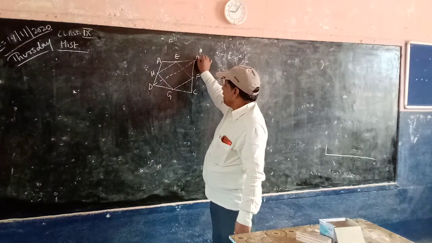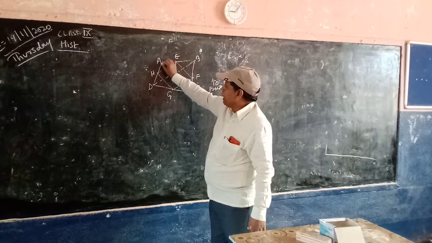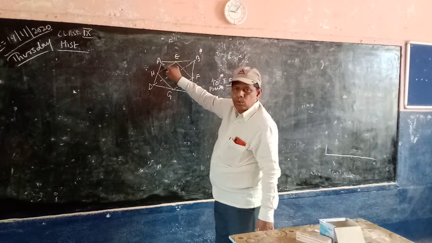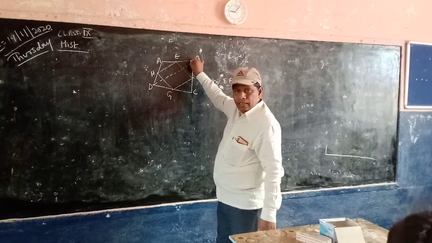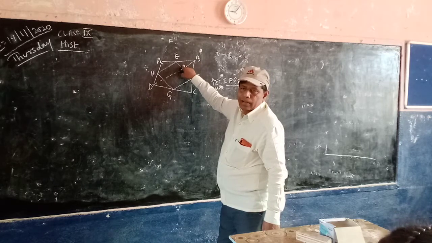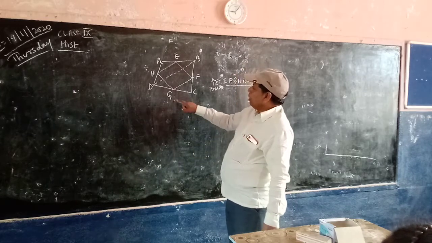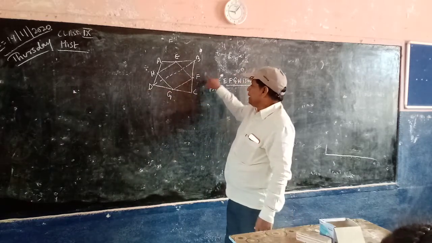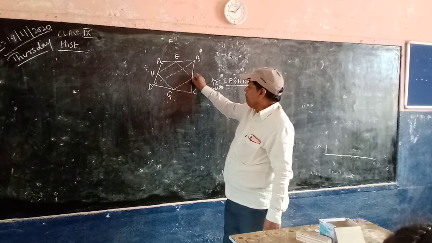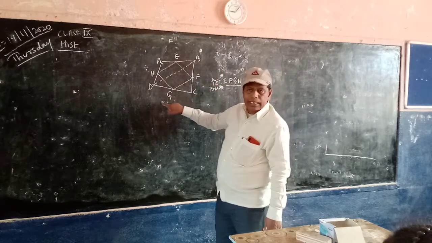In triangle ABD, H and E are the midpoints of AD and AB. So HE is equal to half and parallel to BD. Where does this statement come from? From the midpoint theorem. Now in triangle BCD, F and G are the midpoints of BC and DC.